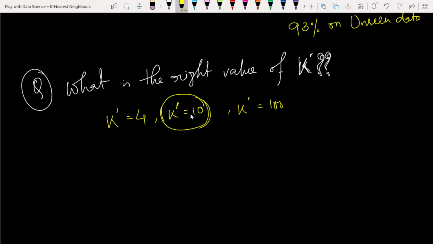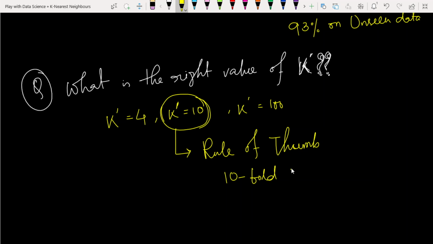This is a big question and a big problem. Till now it is a research problem how to find the right k'. But in general, the rule of thumb for k' is 10, so a 10-fold cross validation.